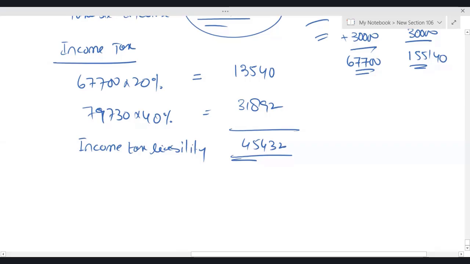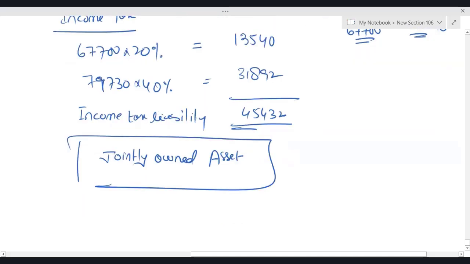One more concept which you should know relates to a jointly owned asset. Let's say there's a property income. If the income is coming from a jointly owned asset for husband and wife, and nothing is mentioned, we will always split the income 50-50, irrespective of their actual ownership.